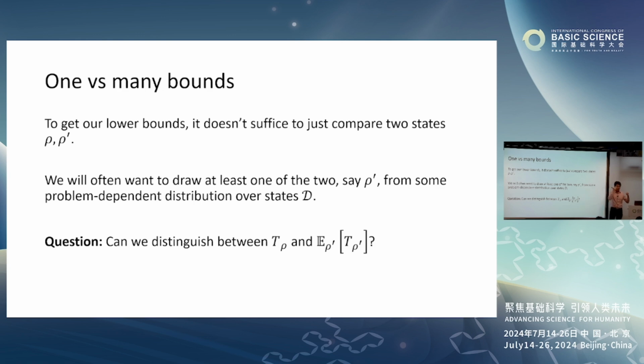On the one hand, I get a draw from t sub rho. This has not changed. But in the case where it's rho prime, now my posterior distribution is a mixture: the expectation over rho prime of t sub rho prime. And now the question is, can I distinguish between one draw from this and one draw from this mixture of distributions? That's all I need to show.